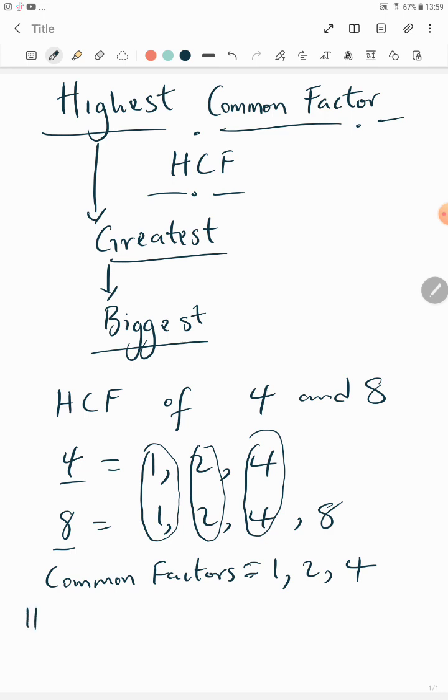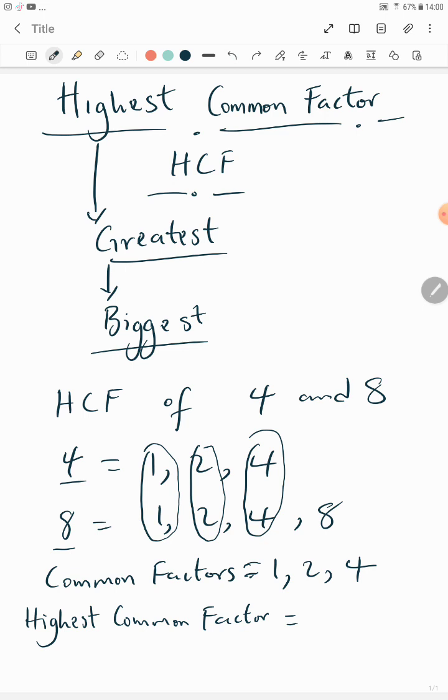Now, out of these common factors, which of them is the highest? That's what we mean by highest common factor. Out of these common factors of 4 and 8, which are 1, 2, and 4, which of them is the highest?